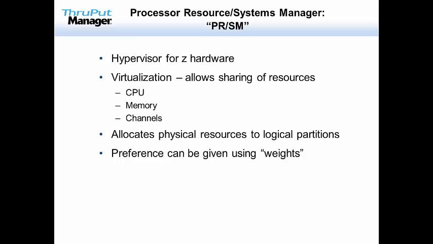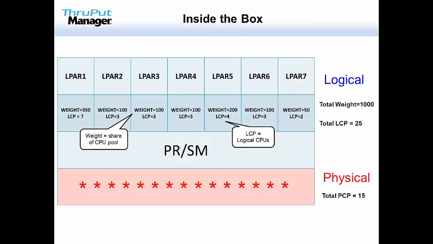PRISM is the standard for the Z hardware. Allows sharing of resources. Allows you to have multiple LPARs on the machine and share physical cores, share memories, share channels using MIF. It allocates these physical resources to logical partitions, and you can have some preference using weights. We'll talk about CPU weights.